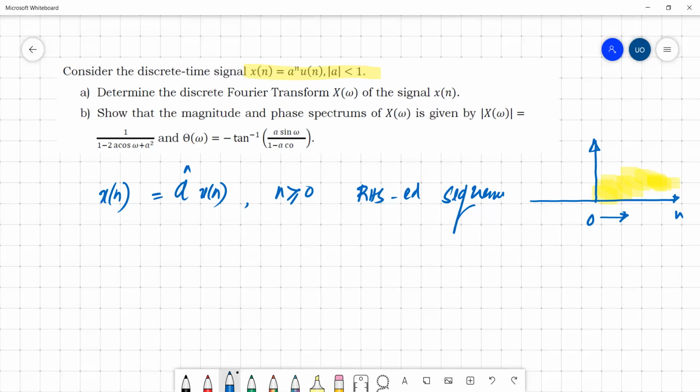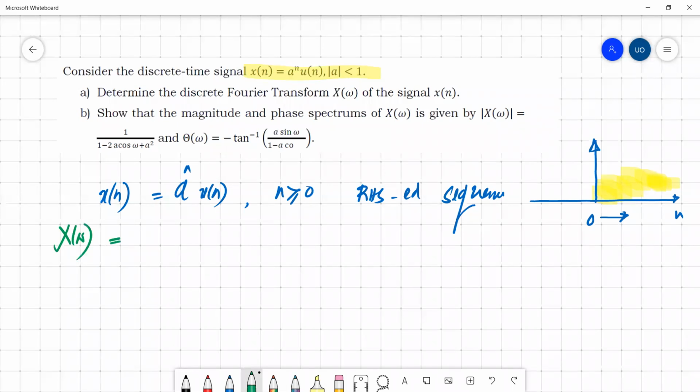Yes. Now, it's asked to evaluate the Fourier transform of this. So we'll take this Fourier transform first, X(omega).